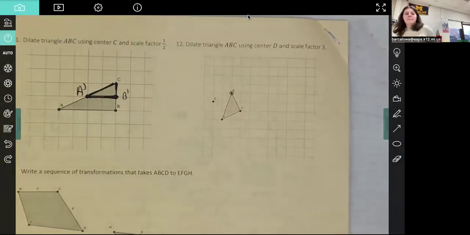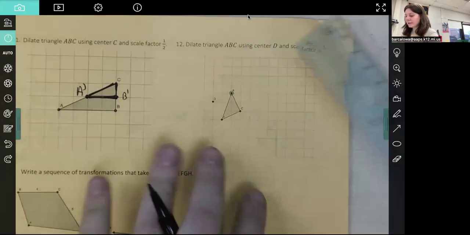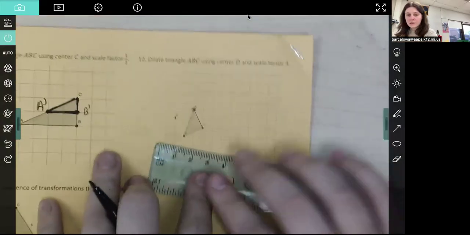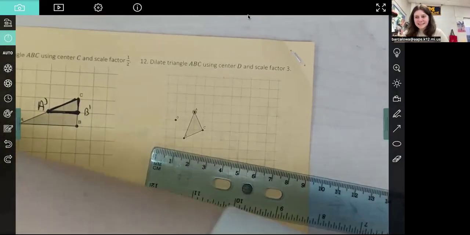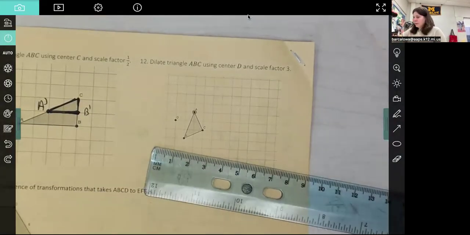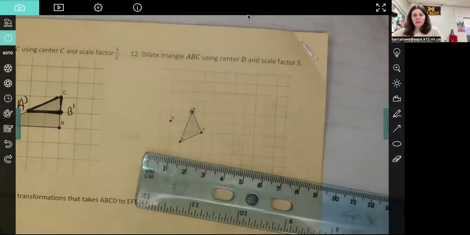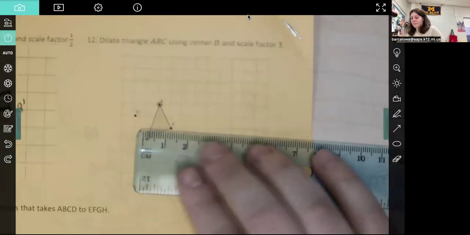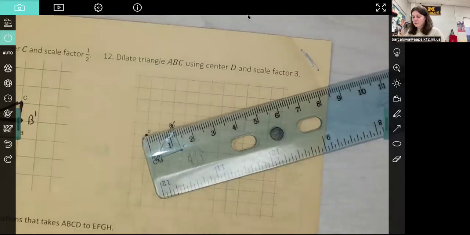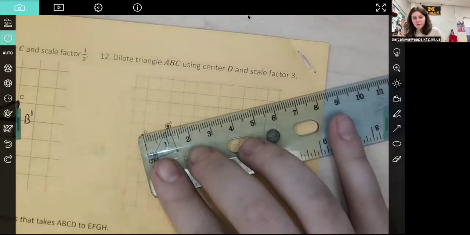So this one, dilate triangle ABC using center D and scale factor 3. So center D. For every single point, I need to place D at the 0 mark on my ruler.